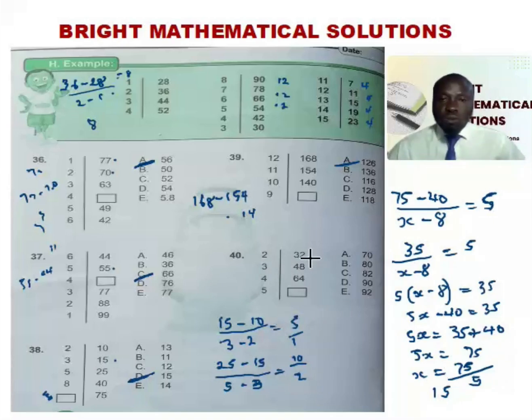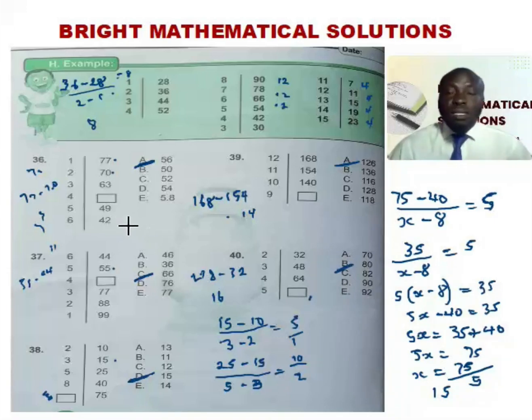So the difference between this, 48 minus 32, that gives us 16. 64 minus 48, that gives us 16. So if you add 16 to 64, this gives us B, which is 80. So our answer is B, which is 80. So that is the solution for this particular exercise.